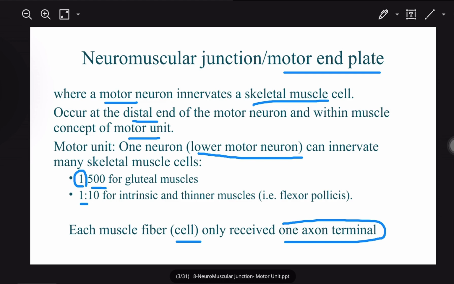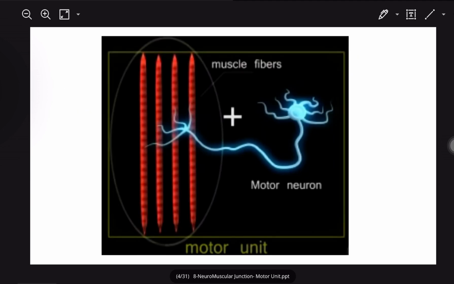One might inhibit, and one might facilitate or push for movement. So that's why each muscle fiber will receive only one axon terminal.